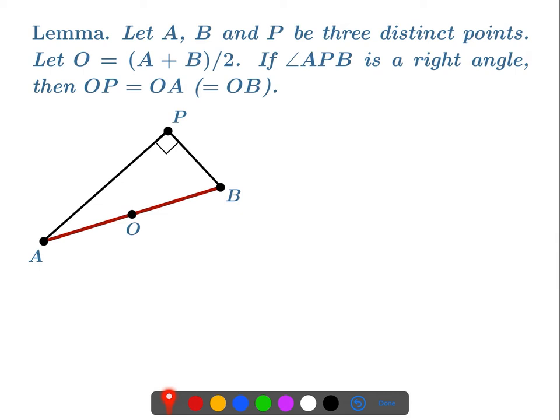And we're given that the P point satisfies angle APB is a 90-degree angle. What we want to prove is that OP, that distance, is the same as OB or OA. All three of those distances are the same. These distances are clearly the same because O is the midpoint of AB, but we want to show that OP is also equal to OA.